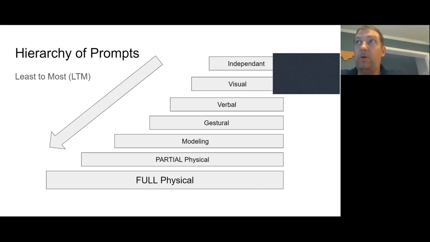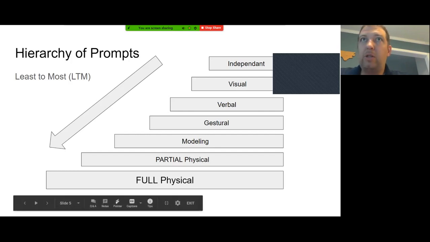The full physical would be, we just come in from recess. We're going to take the kid's hand and we're going to help them, guide them to the cup, guide them to the faucet, have them turn on the faucet with their hand over hand. So that's a hierarchy of prompts that goes least to most.